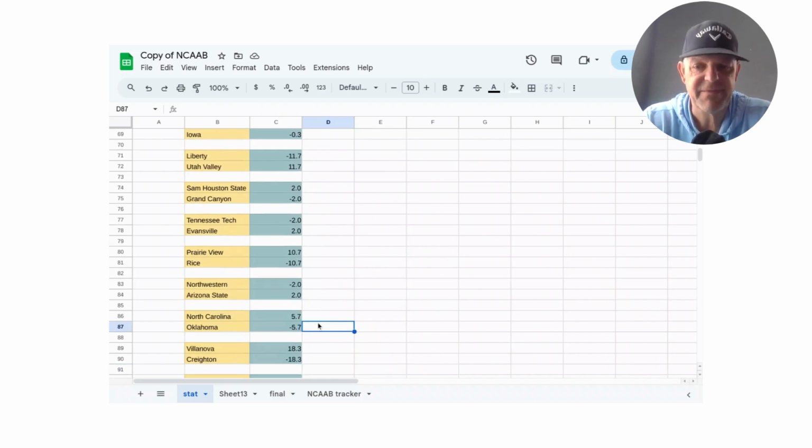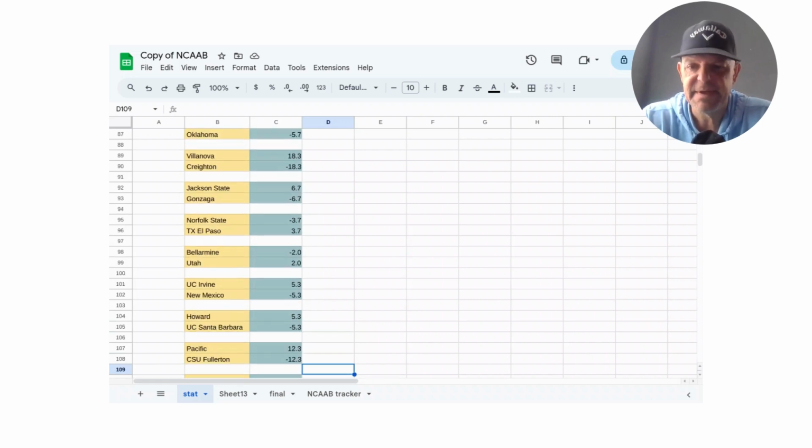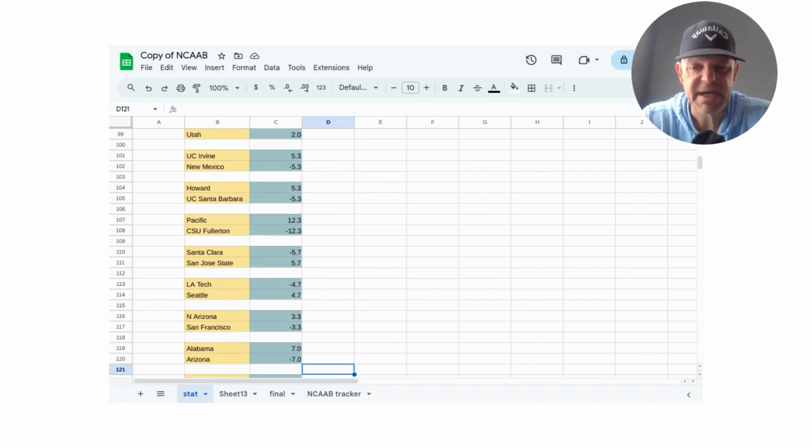Oklahoma -5, that would not be considered because that was a neutral site game, right? And then Creighton -18. New Mexico -5. UC Santa Barbara -5. Cal State Fullerton -12. Arizona -7, but again, that was a neutral court game, so we wouldn't consider that.